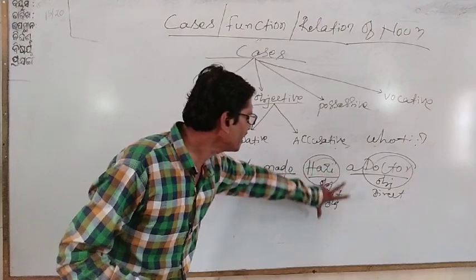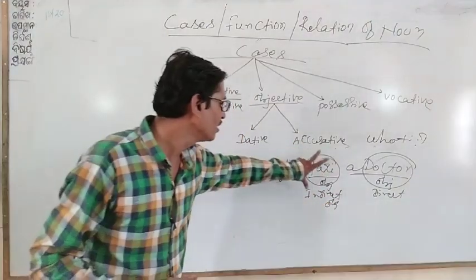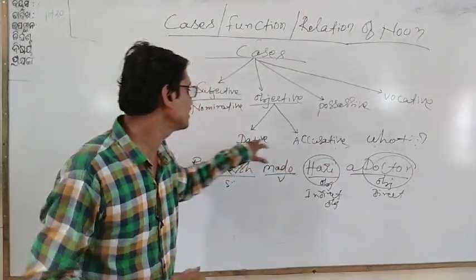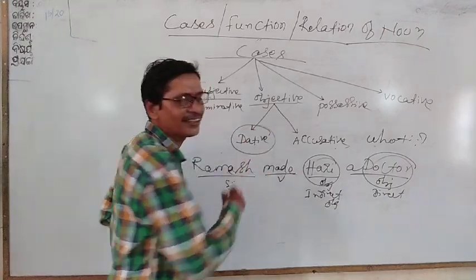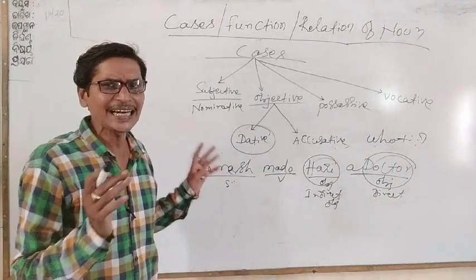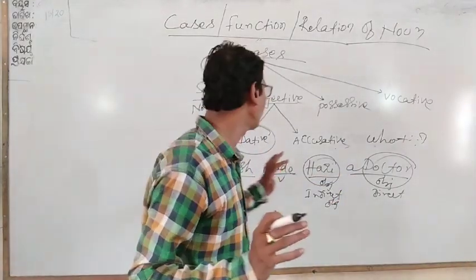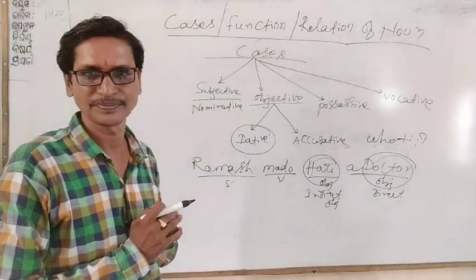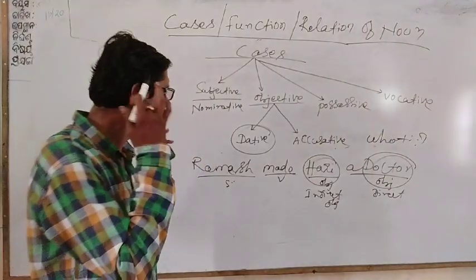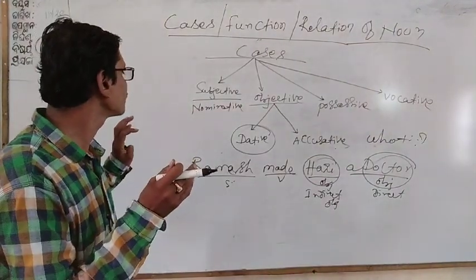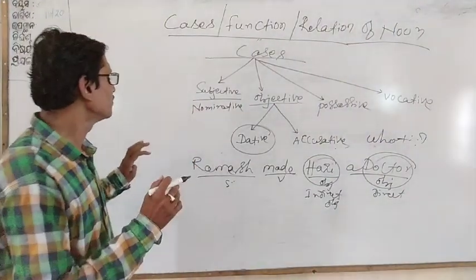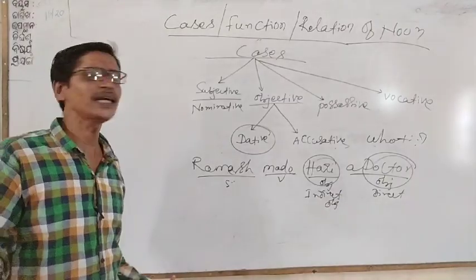So the non-living object, the indirect object, is otherwise called dative case. Indirect objects are often the dative case of the statement. So here the question comes: who made Hari a doctor?